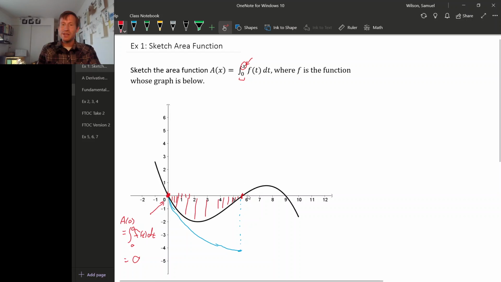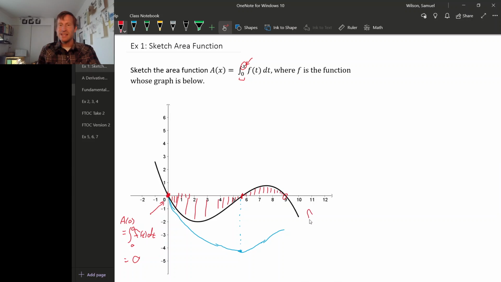Now when we continue further to the right, f starts producing positive values, and that means that this area integral picks up positive area, which cancels some of the previous negative area, and so A of x starts increasing. As we continue moving to the right, we continue picking up positive area until we get to this next x-intercept.